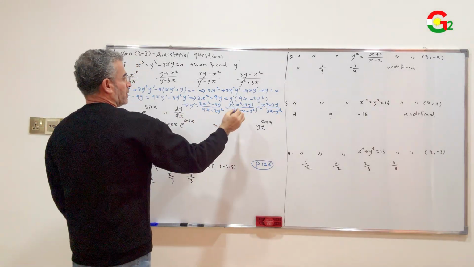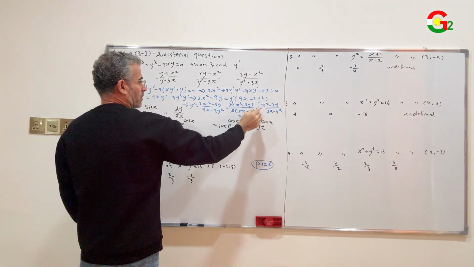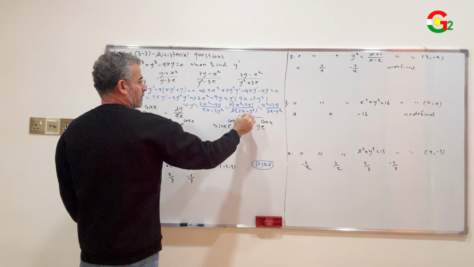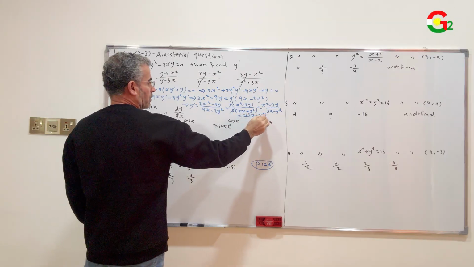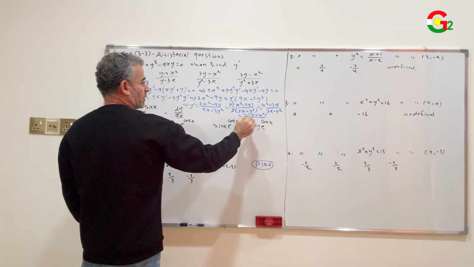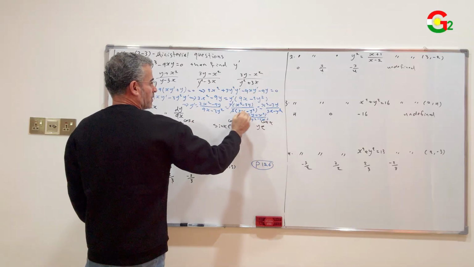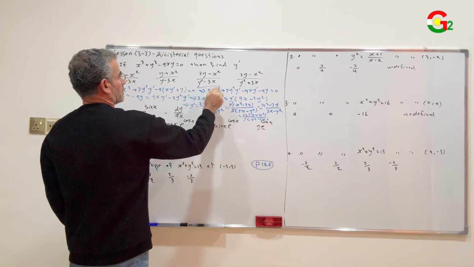Then if we factorize both numerator and denominator by the negative, then 3y plus x square over y square minus 3x. The right choice is C.